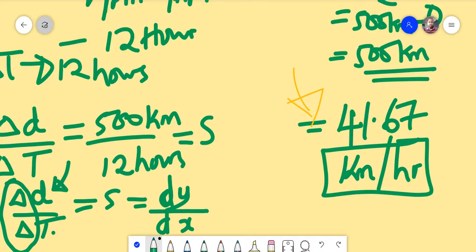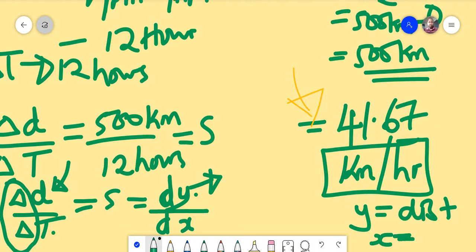So now my dy dx, where y represents distance and x represents time.